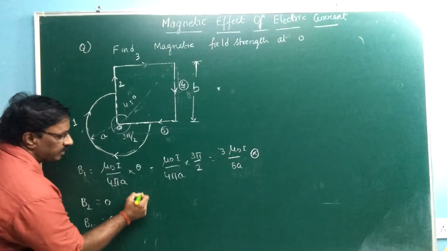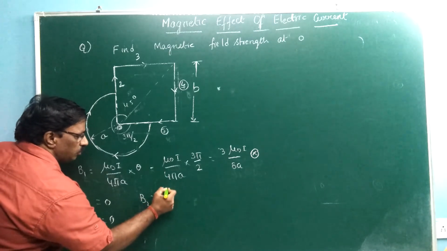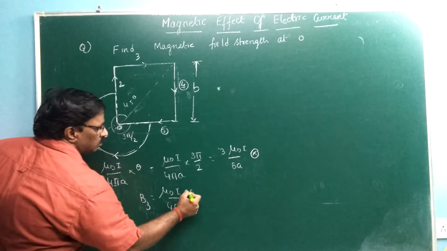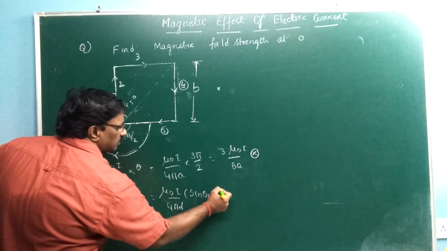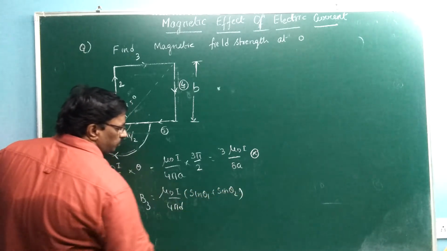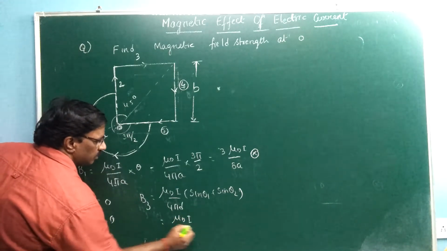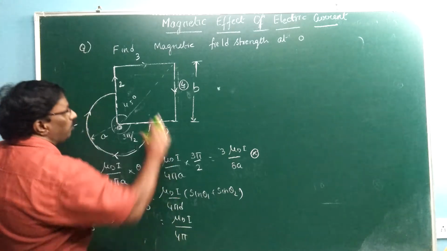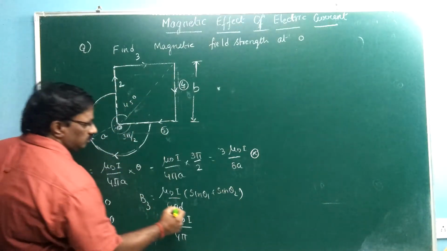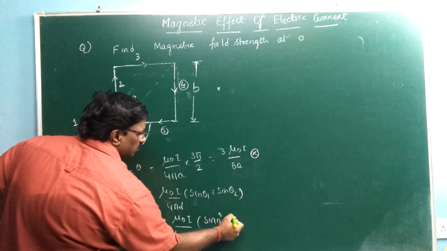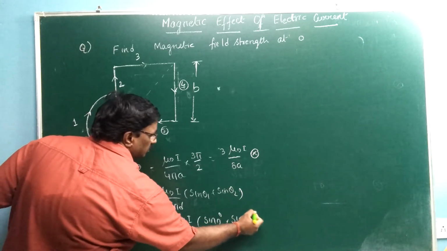Remember the formula for a finite conductor? Mu naught I by 4 pi d into sin theta 1 plus sin theta 2. This comes out to be mu naught I by 4 pi b, since the perpendicular distance is b, into sin 0 degrees plus sin 45 degrees.